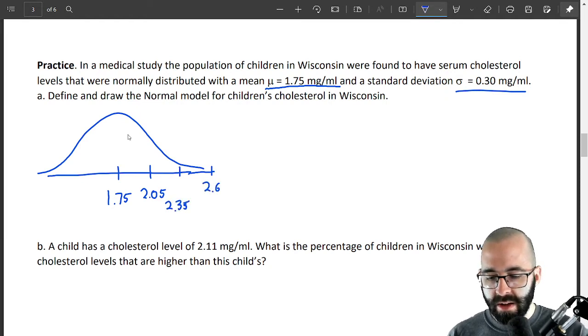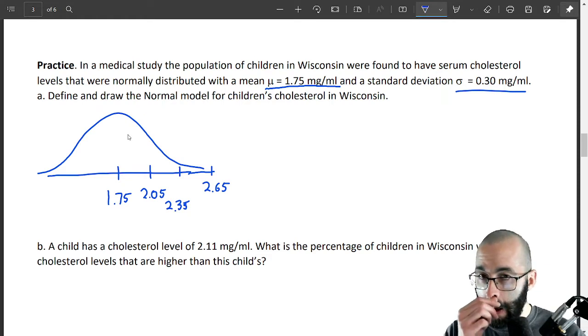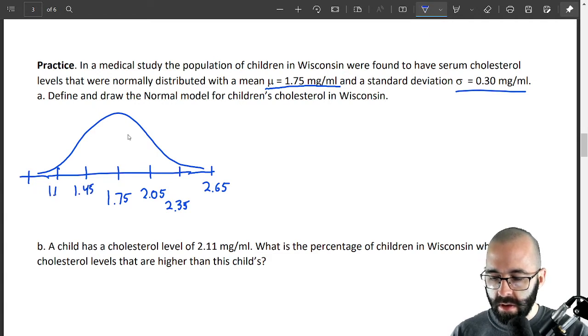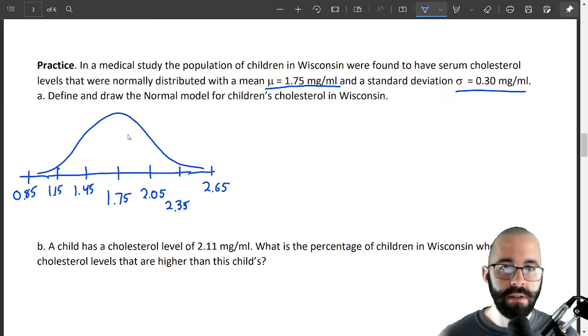Add 0.3. And hopefully, I wrote these correctly. And then just do it in the other direction as well. 1 standard deviation, 2 standard deviations, 3 standard deviations, and now we're subtracting 0.3. There we go. We have drawn the normal model here.